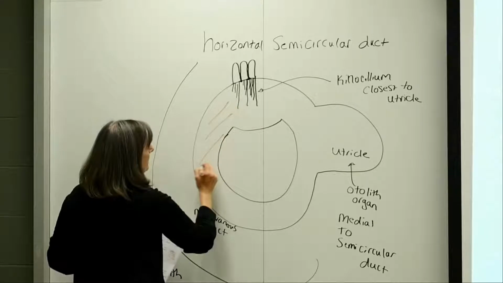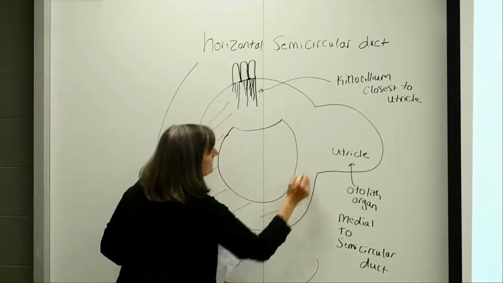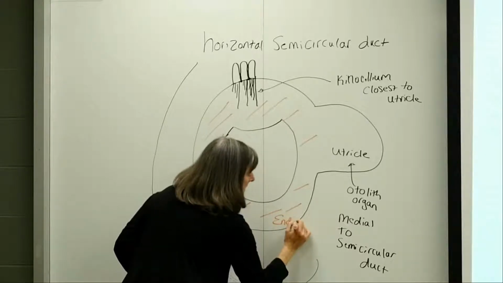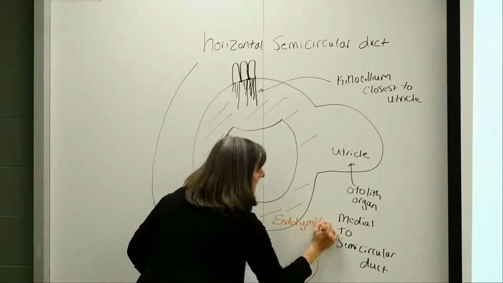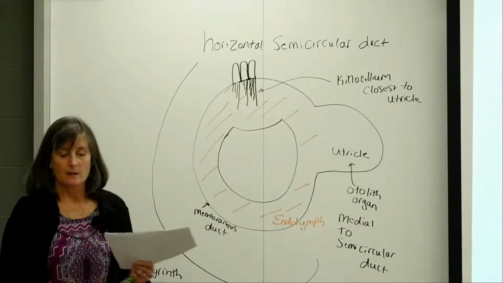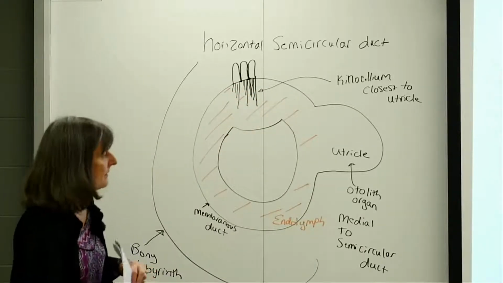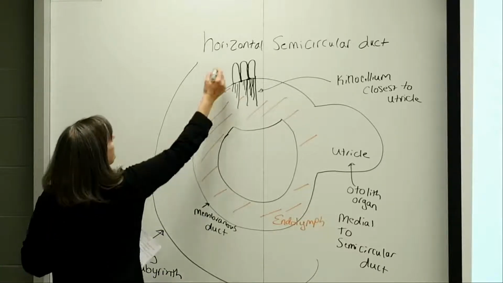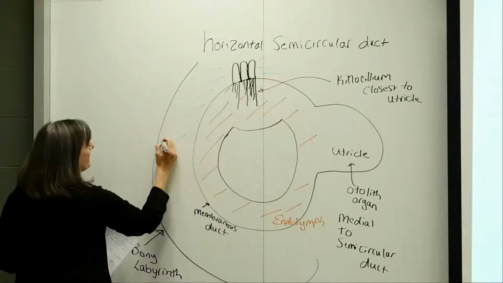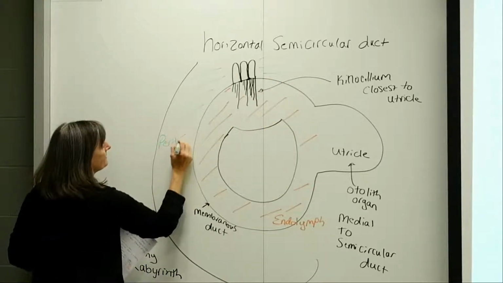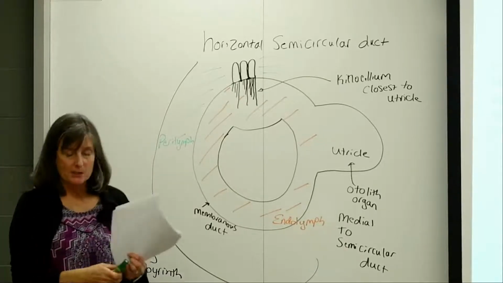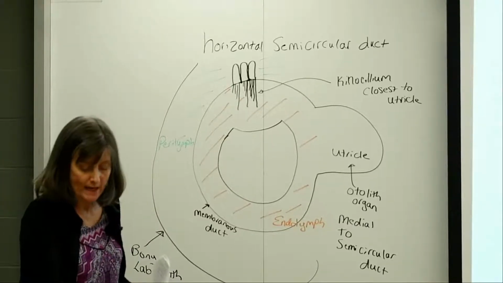So we're going to have endolymph in here, and that's going to be the apical aspect of the hair cells that I've drawn. And then we're going to have perilymph in this area here. That's going to bathe those basolateral cell bodies. So this is going to be perilymph. It's the same concepts, just drawn in a little bit different way.